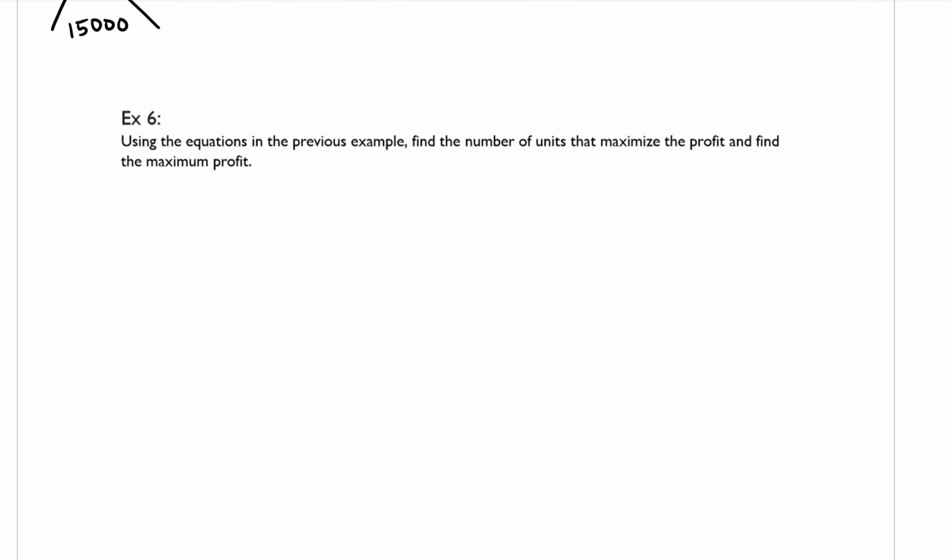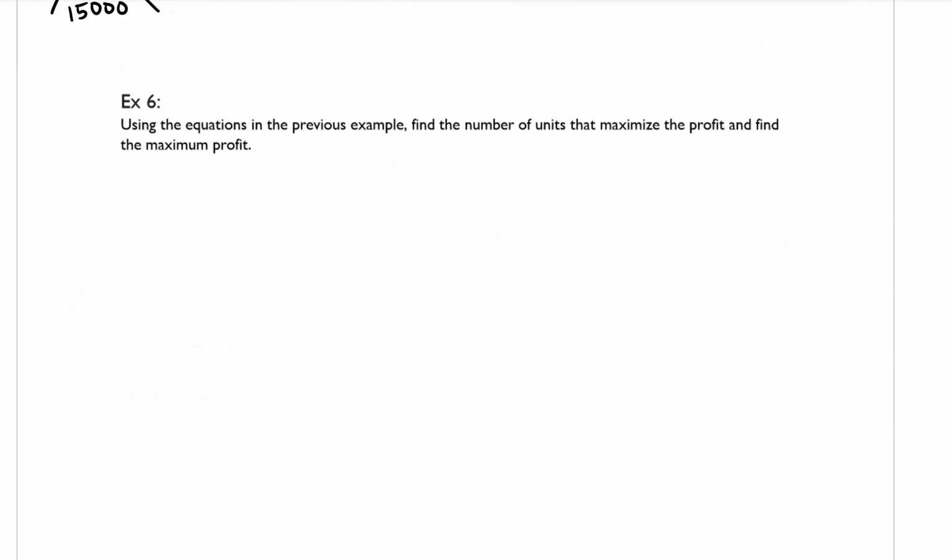Example 6. Using the equations in the previous example, find the number of units that maximize the profit and find the maximum profit. Okay, so remember, I gave you that mnemonic device earlier on in order to think about the profit function, and hopefully you remember the mnemonic device.